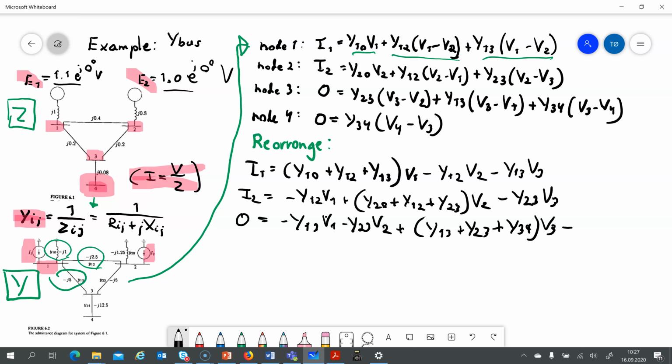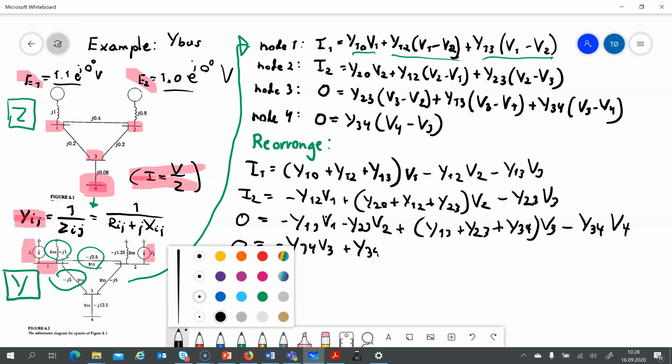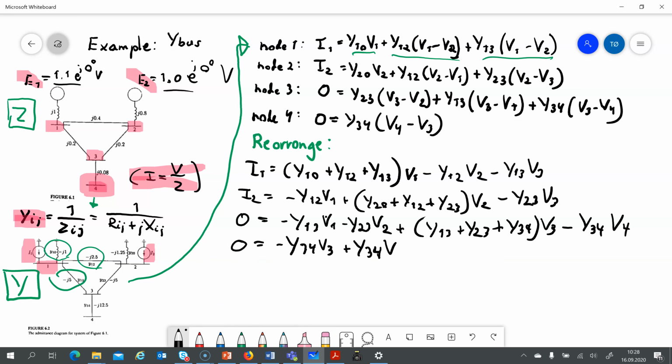Now we also have the minus Y34 V4 here, and then the final equation: 0 equals minus Y34 V3 plus Y34 V4, like this.